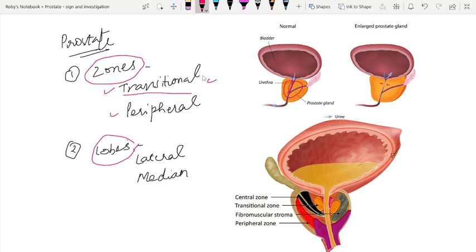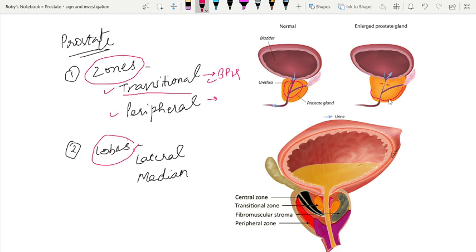And why is the transitional zone important? Because it causes BPH. Because it is around the urethra, that's why BPH is more symptomatic. It will compress the urethra like this. Next zone is the peripheral. By name itself, it signifies that it is present in the peripheral area like this. Now you can see that this peripheral zone is very far away from the urethra.